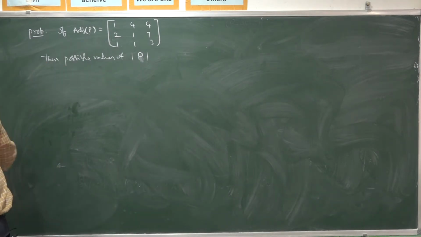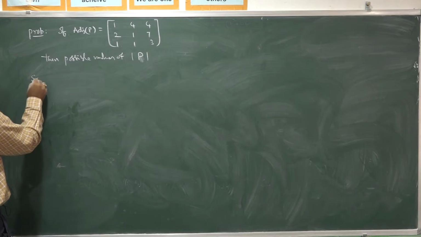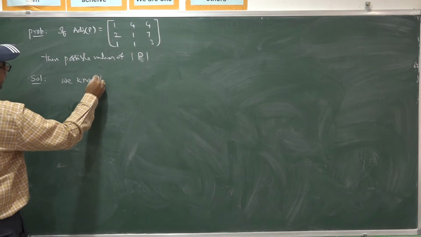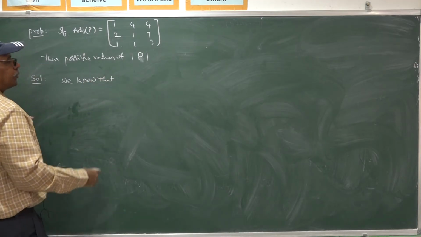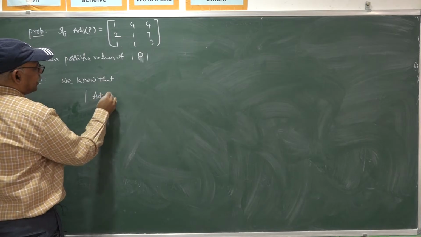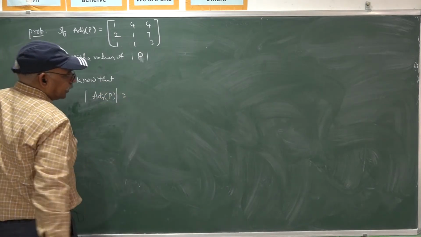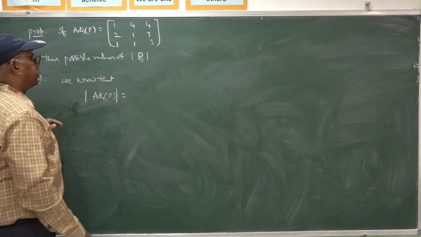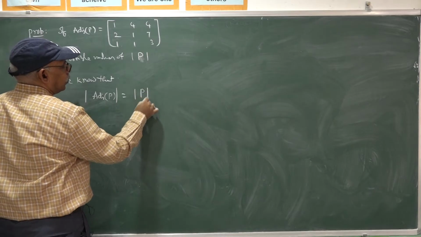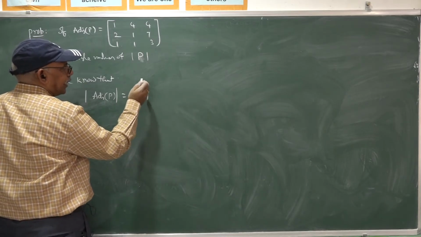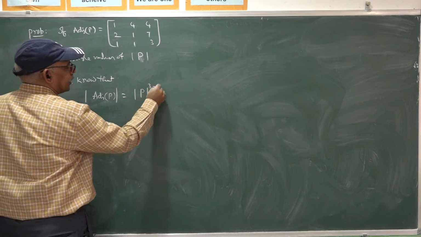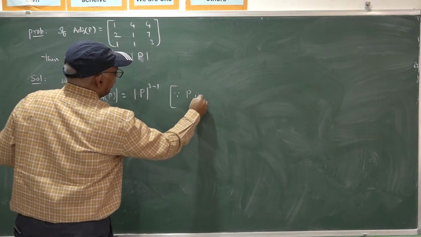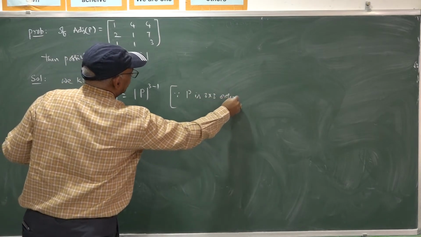Now, we know from the properties of determinants that the determinant of the adjoint of a matrix is det P whole power n minus 1, where n stands for the order of the matrix, 3 minus 1, since P is a 3 by 3 order matrix.